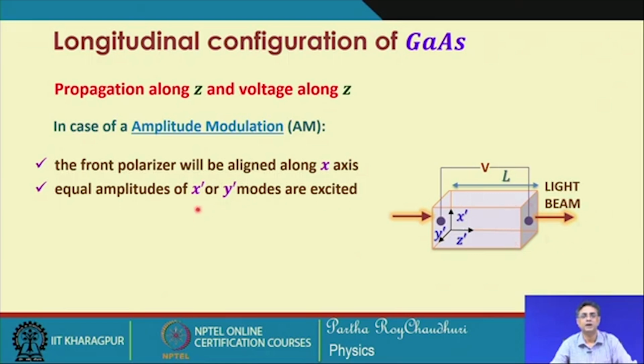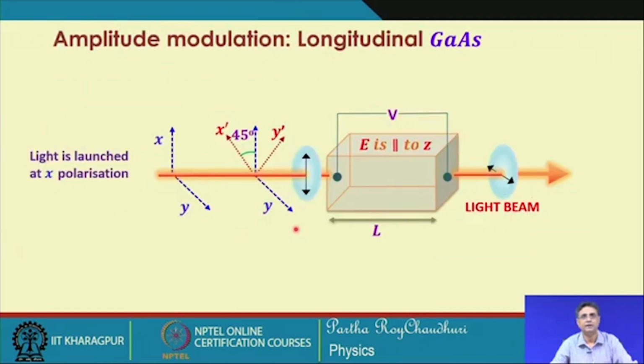Now, the light which will be decomposed into x prime and y prime axis will travel with two different velocities, because these two lights will see different refractive indices because of the electro-optic effect, and there will be a birefringence between them. This birefringence acting over the length will give you the phase retardation.